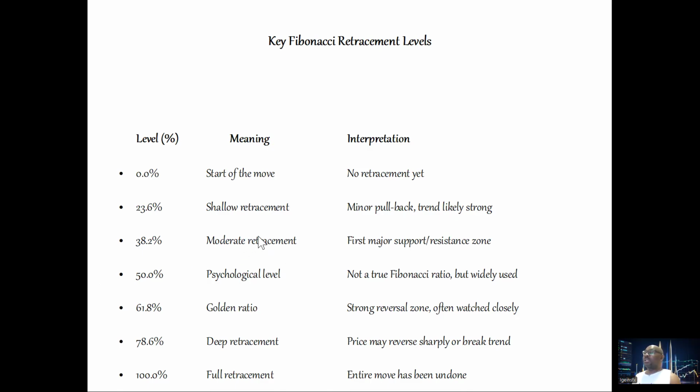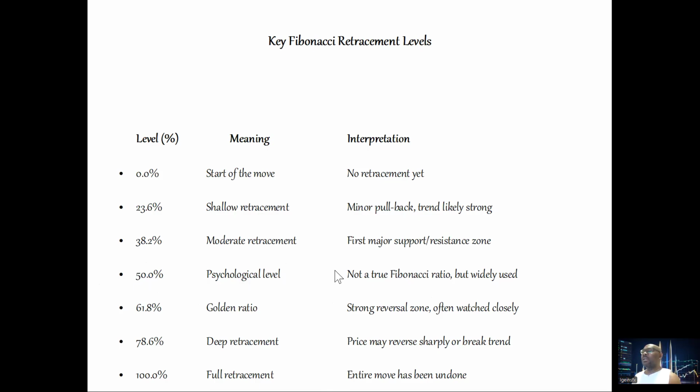So once it succeeds in breaking this level, then we are now at 50%. 50.0% is a psychological number, not a true Fibonacci ratio, but it's widely used. It's a psychological number because it's just in between.